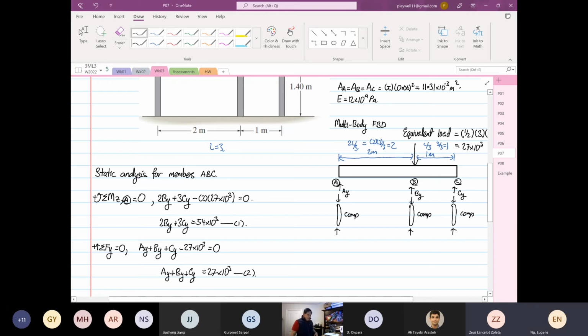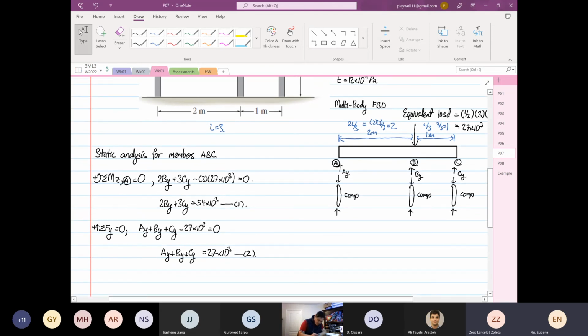So we have 2 equations, 3 unknowns, right? Using static analysis, we have 2 equations and 3 unknowns.